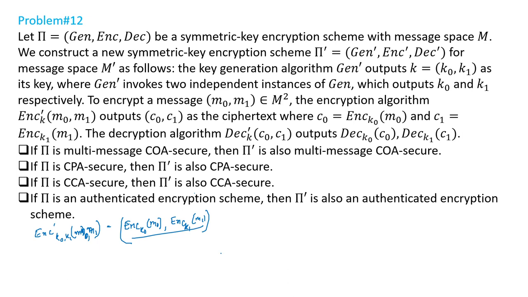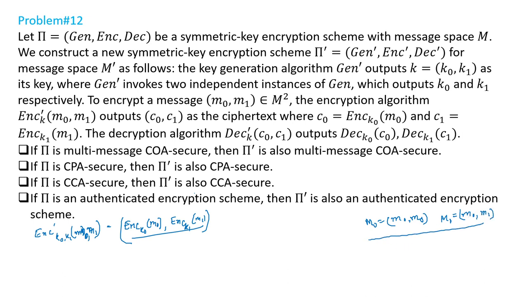What you can do is that you can choose your messages in the challenge phase in this manner. Let's say the first message is (m0, m0), and the second message is (m0, m1).